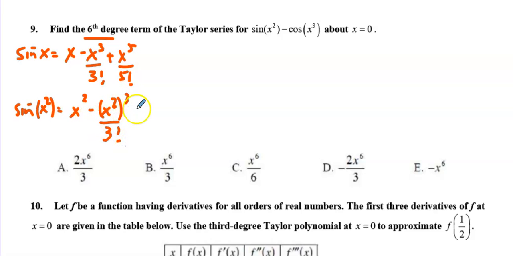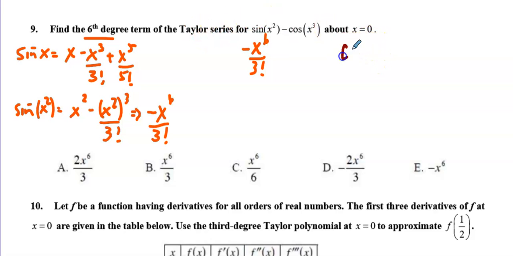I'm going to stop there because this is going to give us our term. It's going to be negative x to the 6th over 3 factorial. So I know that this piece of the puzzle is going to be negative x to the 6th over 3 factorial. And that's a very straightforward, simple way of finding the problem.